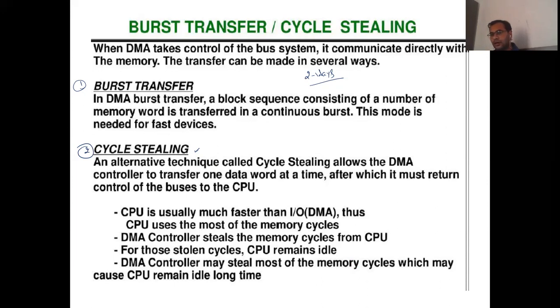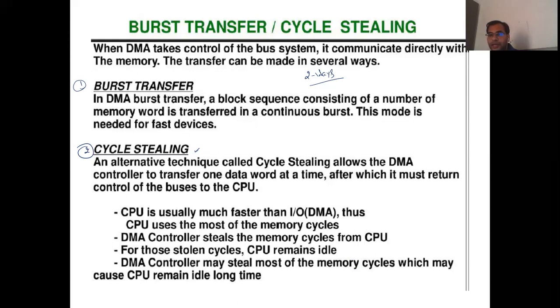One more thing in the DMA topic. Let us suppose at the same time the CPU requires the bus as well as the DMA requires the bus. Then how will you decide whether the bus will be given to the DMA or to the CPU?